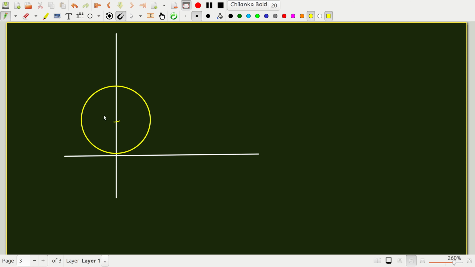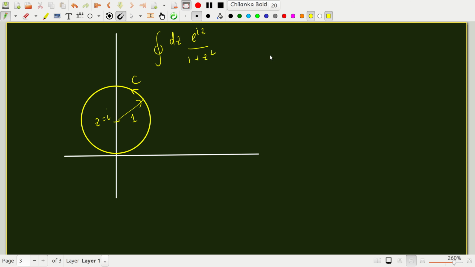Let's say it's now centered about z is equal to i. This is the contour C, the radius is unity. Now what is the integral of e to the i z over 1 plus z squared dz?